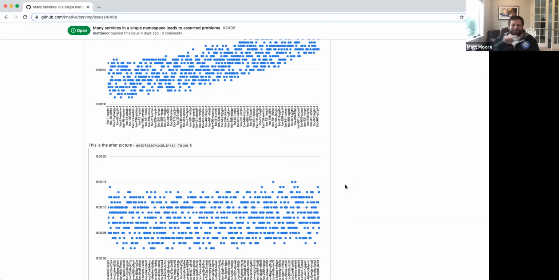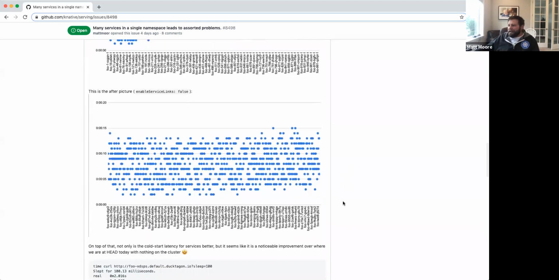So the more Kubernetes services you have, the bigger and bigger your environment gets. With 1,000 Knative services, we actually create a couple of Kubernetes services under the hood, so you end up with so many things in your environment that it takes materially longer to start up your pod. Basically, this picture down below is me running the same experiment.